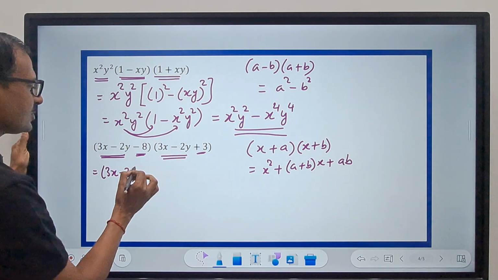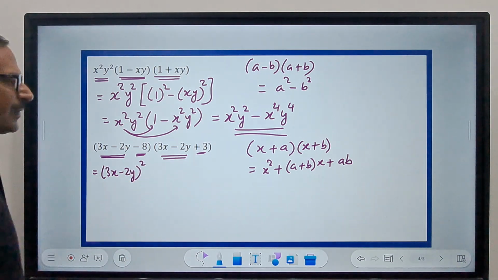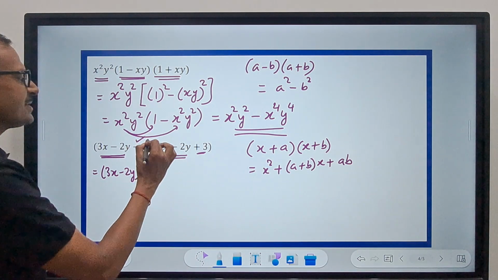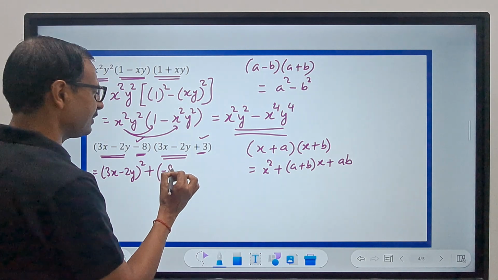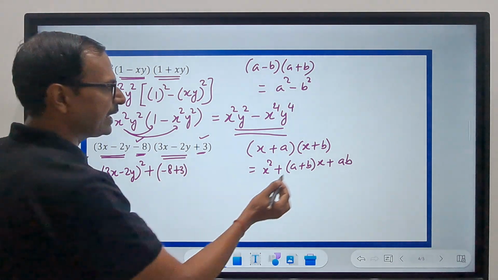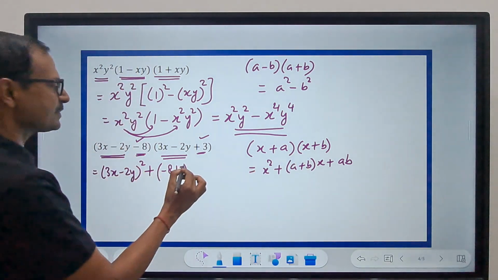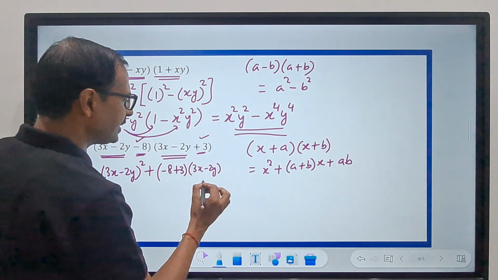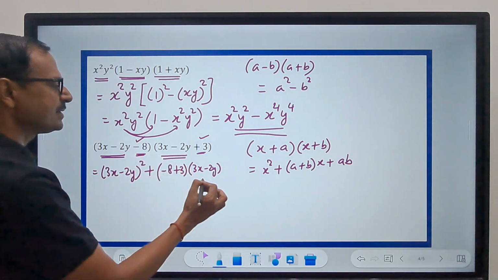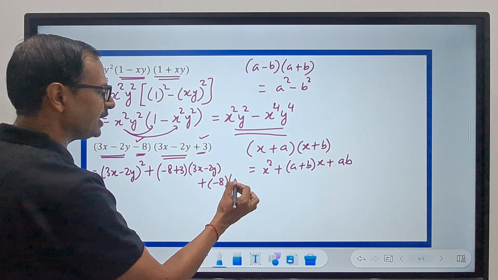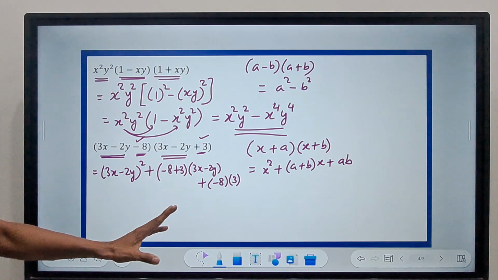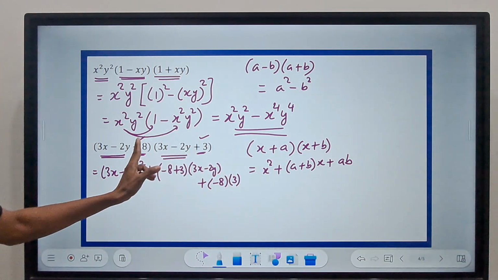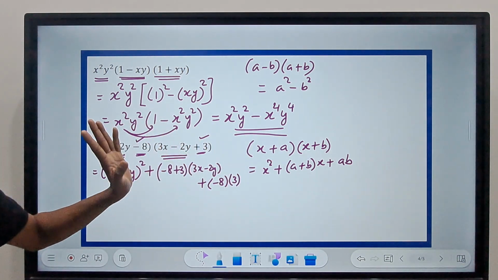So we have a square here, plus we have (a plus b), a is minus 8 and b is plus 3, so (minus 8 plus 3) times x, x is again 3x minus 2y, and then the last term plus ab, ab is minus 8 times 3. See, I have just substituted the values of x, which is 3x minus 2y, a which is minus 8 and b which is 3, okay?